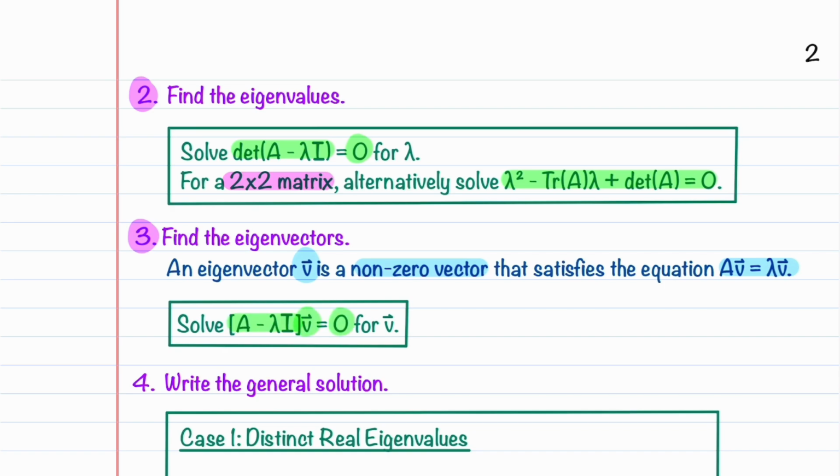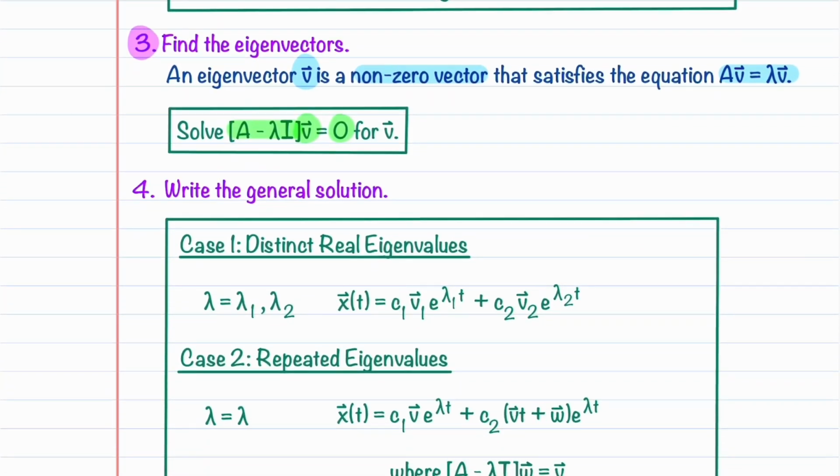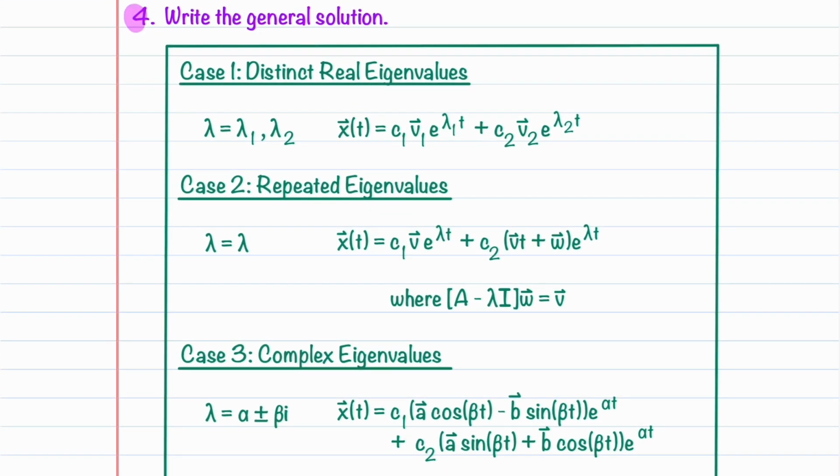And we'll solve that for v. The last step, step 4, is to write down the general solution. The form of the general solution is going to depend on what type of eigenvalue we got in step 2. It's going to be either distinct real, repeated, or complex.